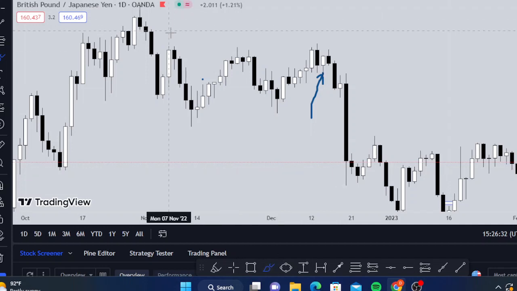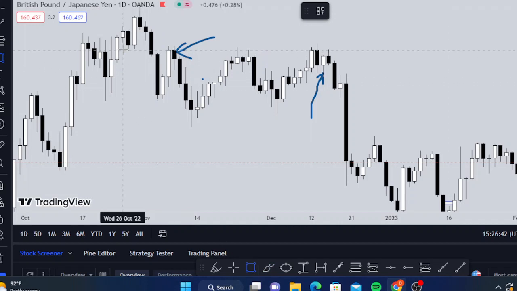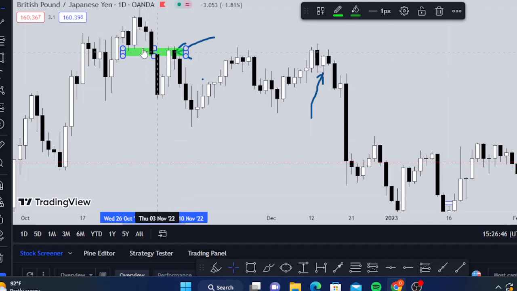So this is another example. It is formed at what? A support turned resistance. You understand? This is a previous support that has turned resistance. So this thing forms, and when it forms, the next candle follows it downward to fill this candlestick.